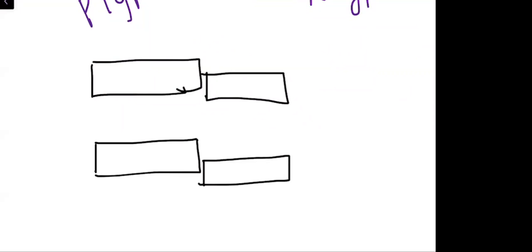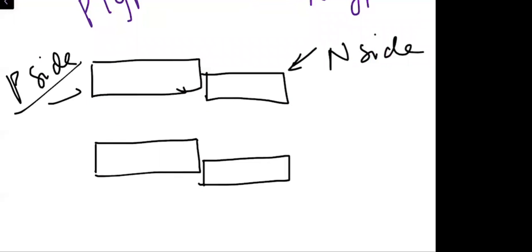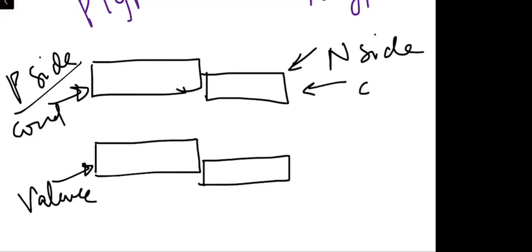So whenever the electron starts moving from the n side, this is the n side and this is the p side, right? This is our conduction band, this is our valence band, and this is again our conduction band, and this is our valence band, right?